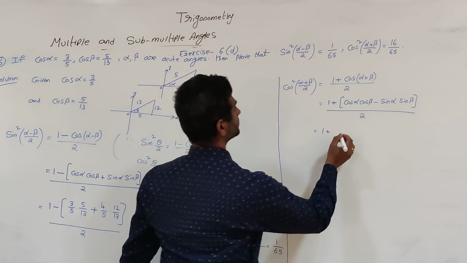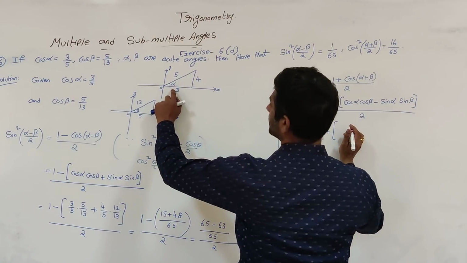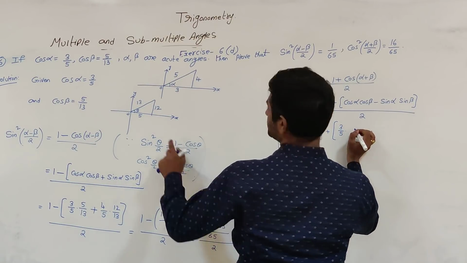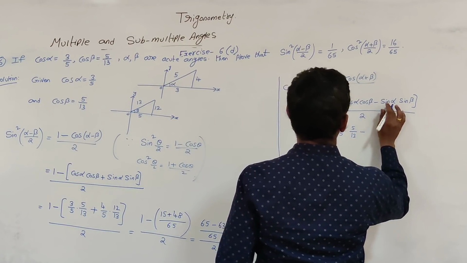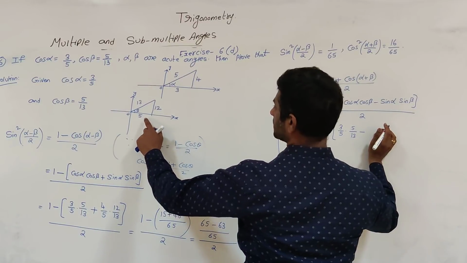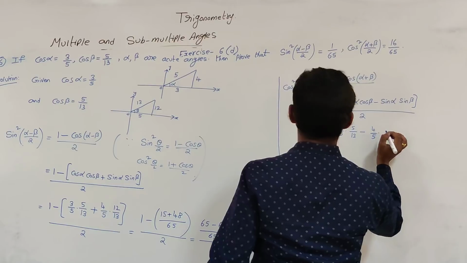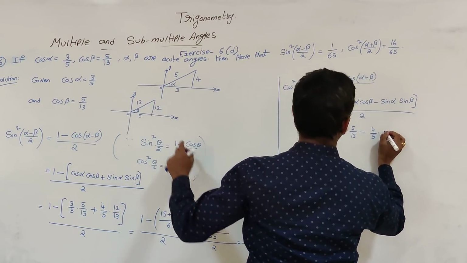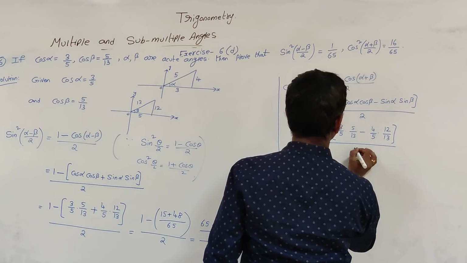From the right angle triangle, cos alpha is 3 by 5, cos beta is 5 by 13, minus sin alpha 4 by 5 into sin beta 12 by 13, upon 2.